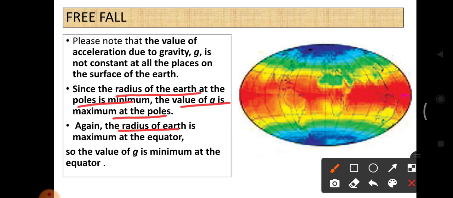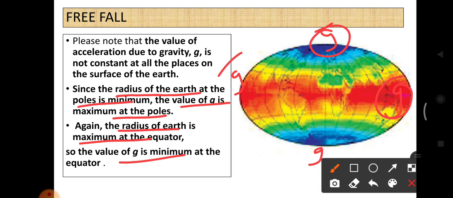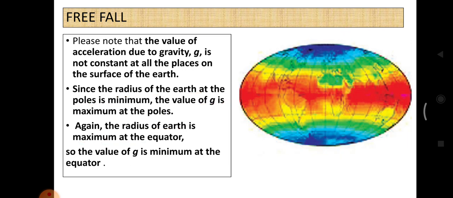Again, the radius of the earth is maximum at the equator, so the g value is minimum. Do you understand this concept? The g value is not constant at all points. Why? Because the radius of the earth is less at the poles and more at the equator. So the acceleration due to gravity is maximum at the poles and minimum at the equator.